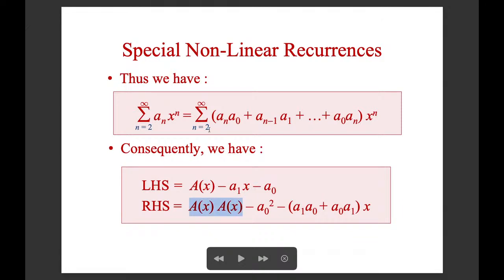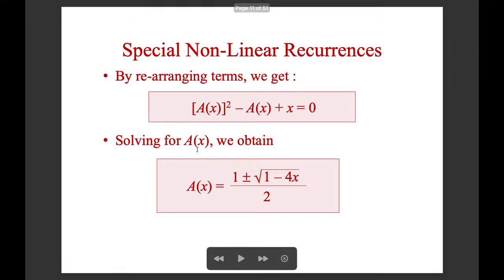But then, since we are adding things starting from 2, we should minus a_0 squared, and then we should also minus a_1 a_0 plus a_0 a_1 x. Now, luckily, we have set a_0 to be 0, so this term is gone. Also, this term is 0 plus 0, so this is also gone. a_1 is equal to 1. So after simplification, we will have A(x) squared minus A(x) plus x is equal to 0.